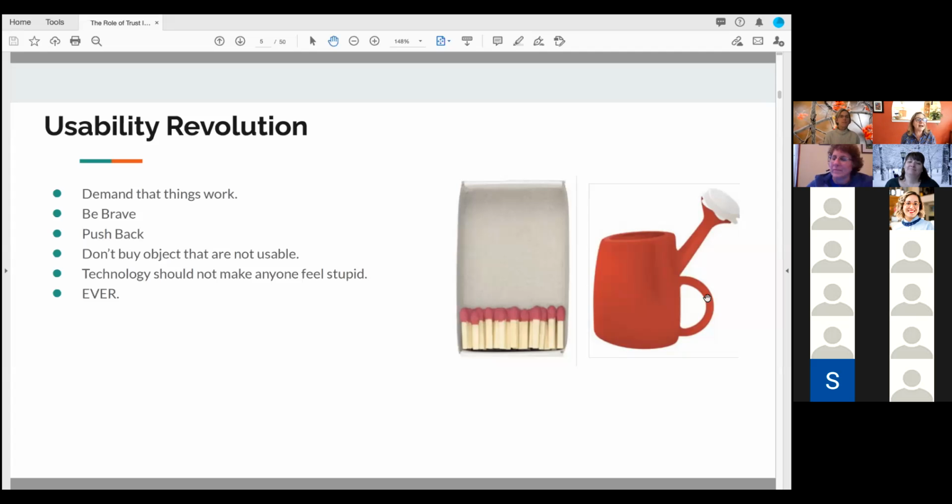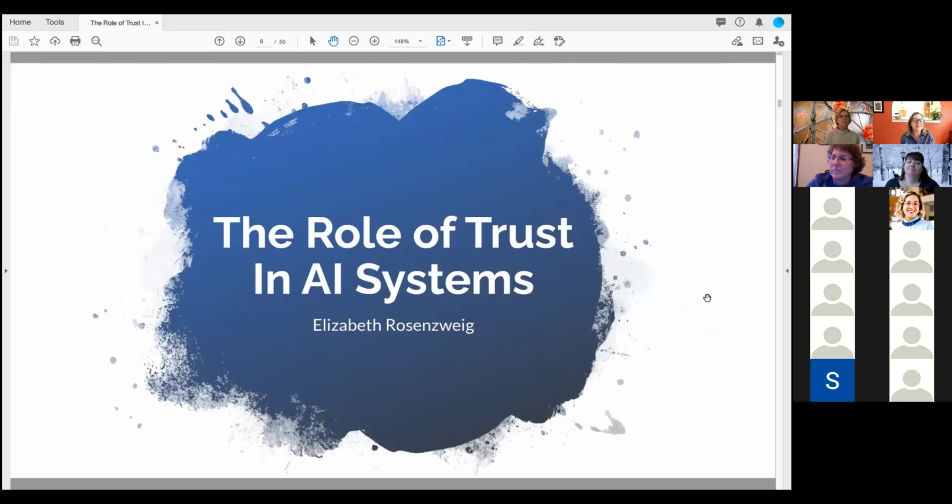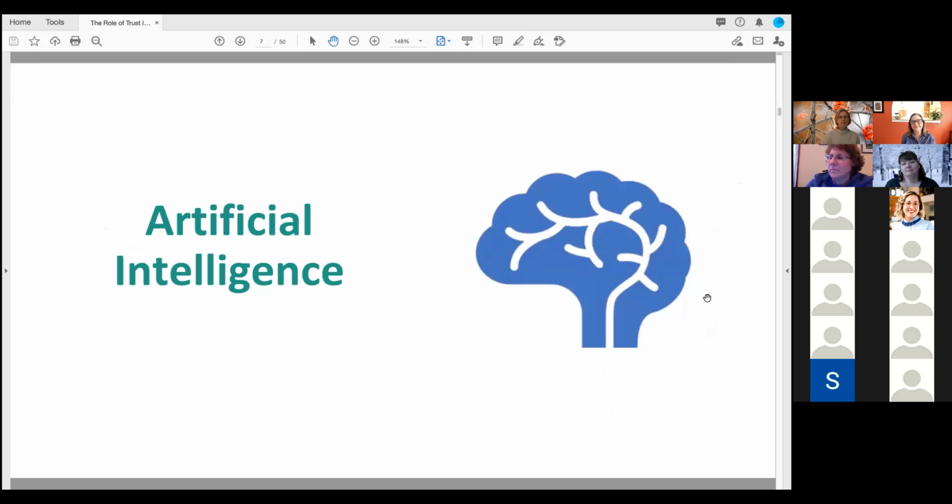So with that in mind, we'll dive now into the actual content. The role of trust in AI systems. Next slide, please. I'm going to just spend a few minutes describing artificial intelligence basics 101, so that everyone is on the same point of departure, so that when we do our breakouts, we understand what we're talking about.